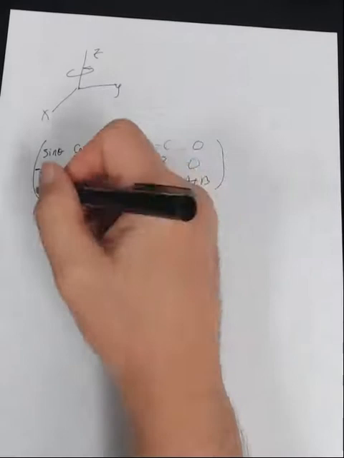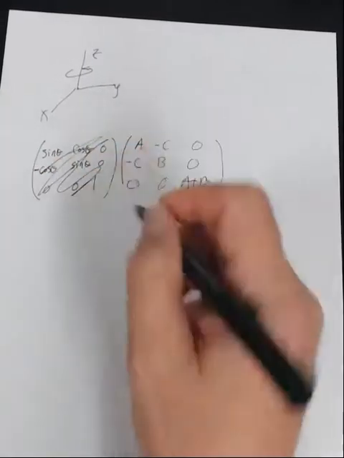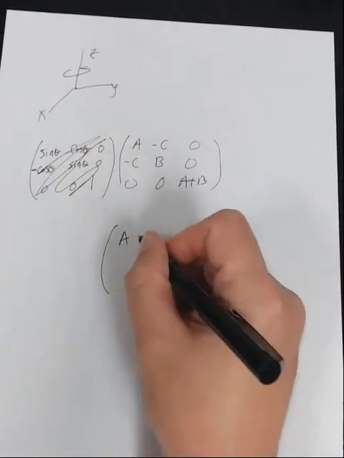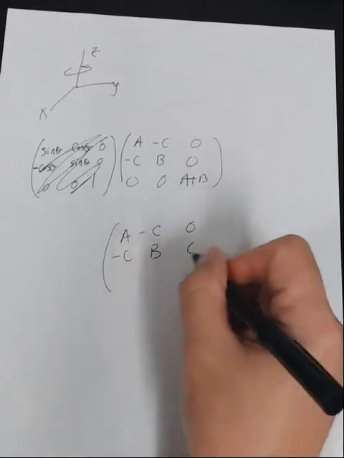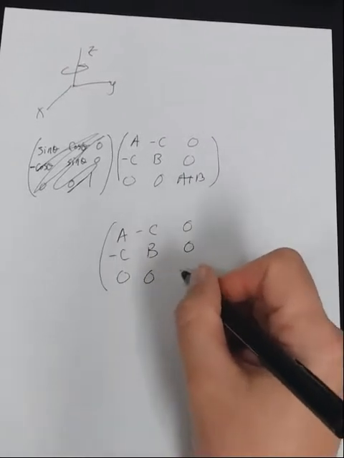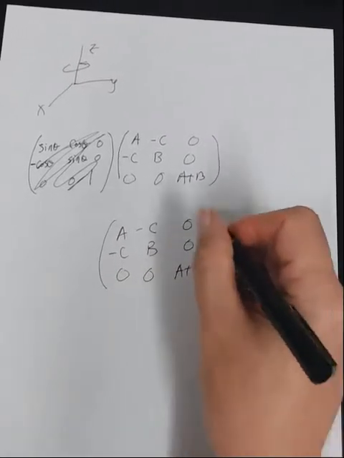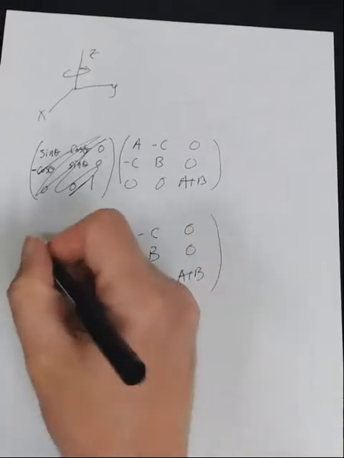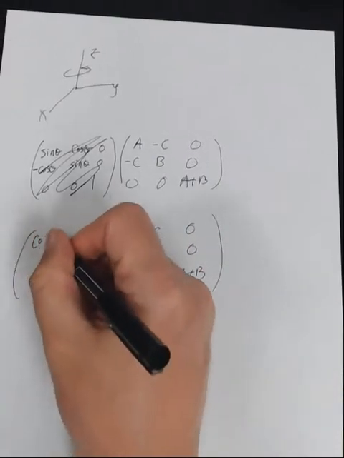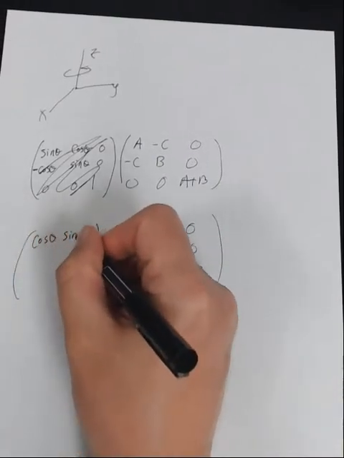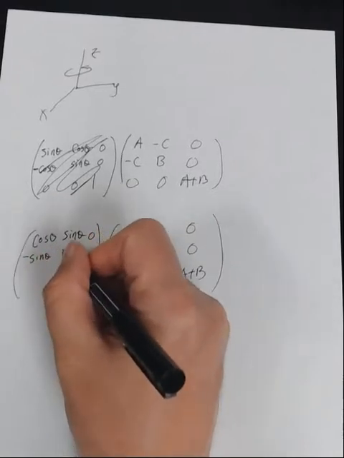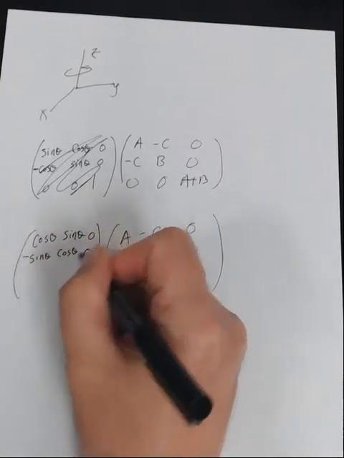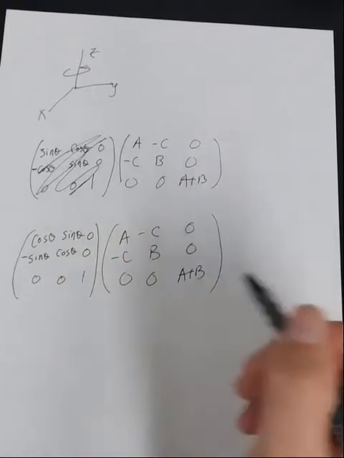No, I completely botched that up. It was cosine theta, sine theta, 0, negative sine theta, cosine theta, 0, 0, 0, 1.